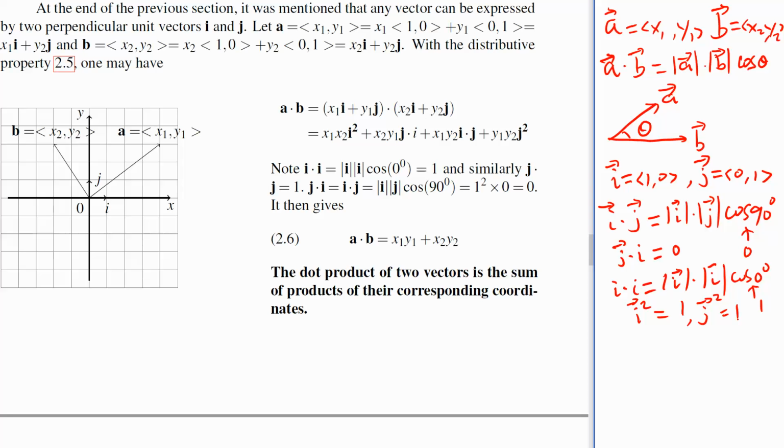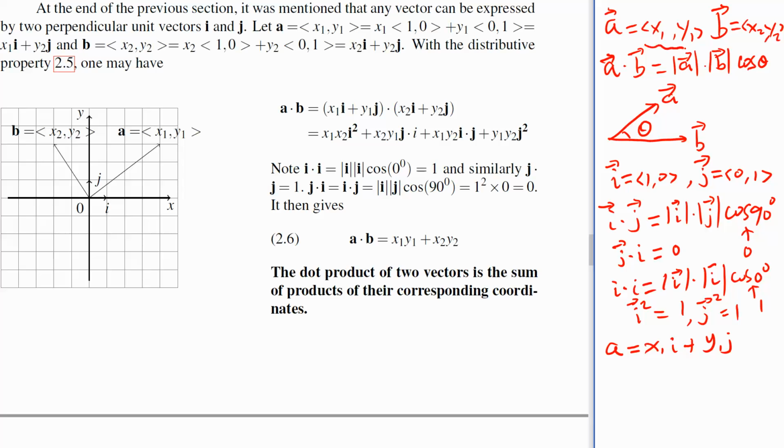Now, we know any vector A can be expressed as x1 I plus y1 J, like here.